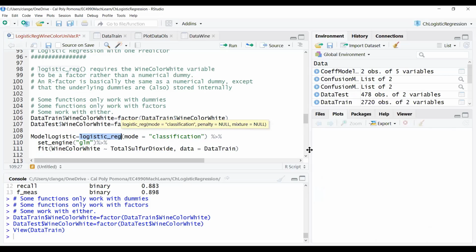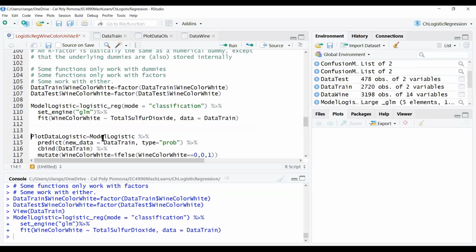And like before, I have to say which one is my dependent variable, my outcome variable, that's white wine, and which one is the predictor variable. And of course, I optimize my b1 and b0 in this complicated logistic function based on the training data set. And good for you, you don't have to care about the optimization process. That is all done in the background, literally on the push of a button.